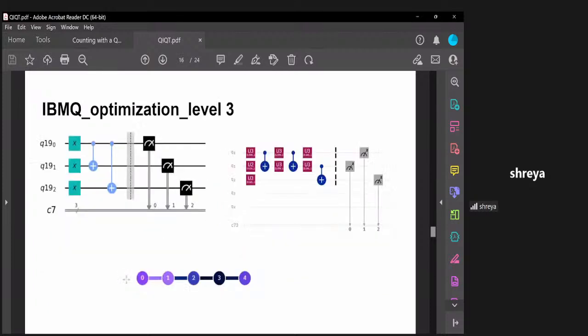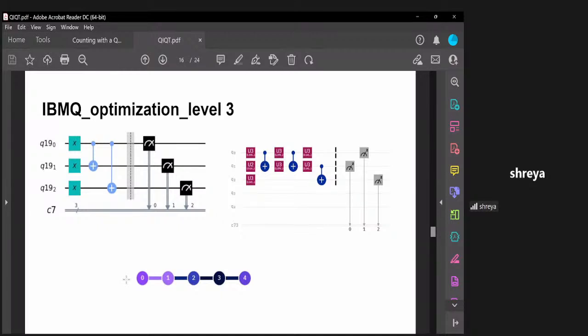You do this transition. But this is a very small circuit. And that is the problem. This is a very small circuit. And when you have a circuit with a depth of, let's say, 50, and there are hundreds of CNOTs, you cannot assign those qubits by thinking of every one of the CNOTs.